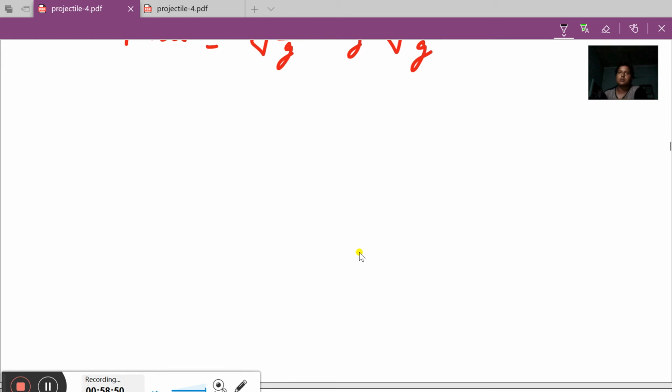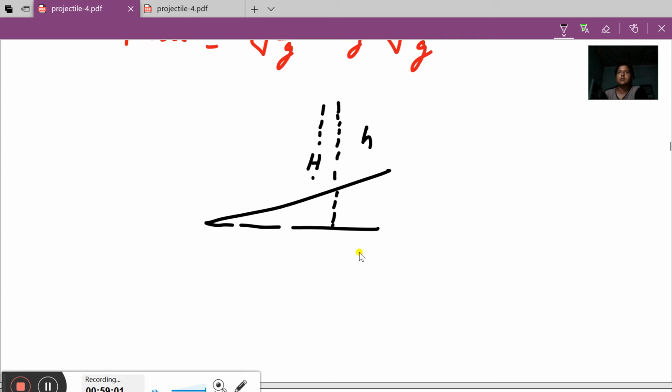Suppose this height is h and this total height given is H. So this height comes out to be H minus h.